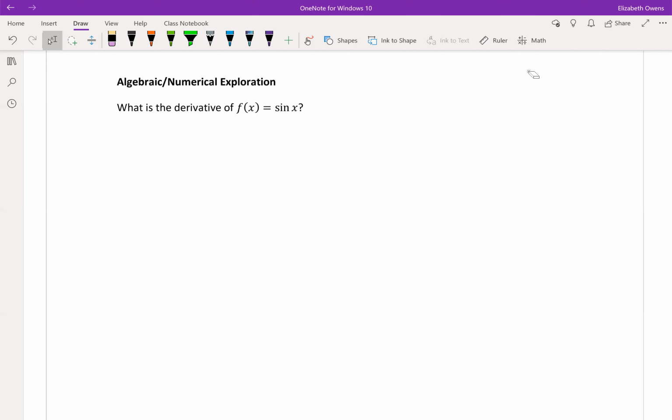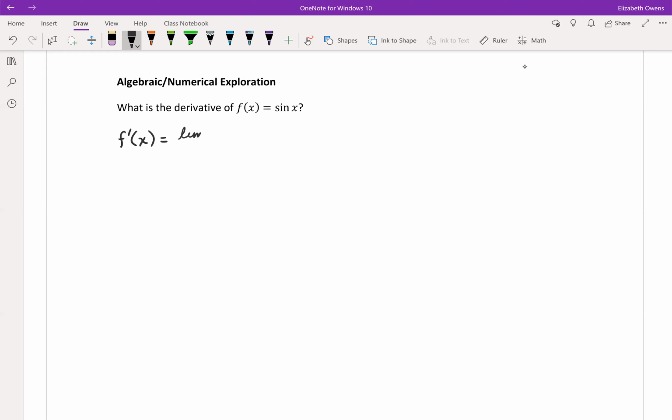So we've got f of x equals sine x, and to truly understand that this has a derivative, to see where the derivative comes from, we're going to go to the definition of a derivative.